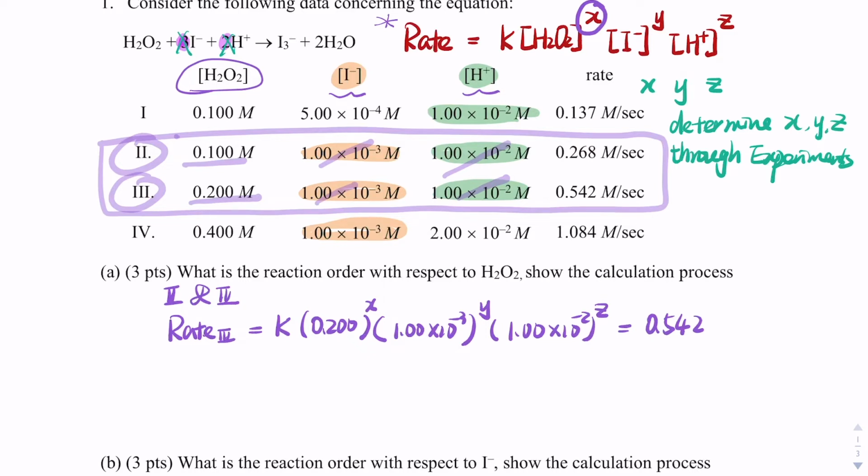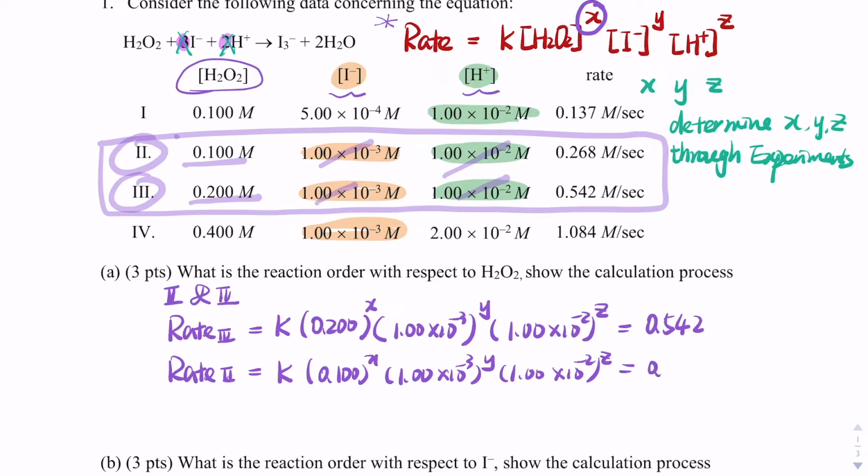Then rate 2: same way, k times 0.1 to the power of x, 1 times 10 to the negative 3 to the y, 1 times 10 to the negative 2 to the z, equals 0.268. So that's what I have.